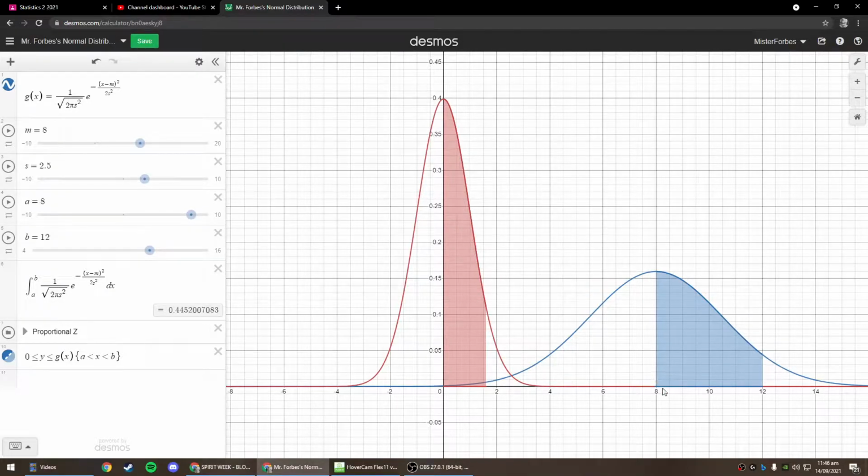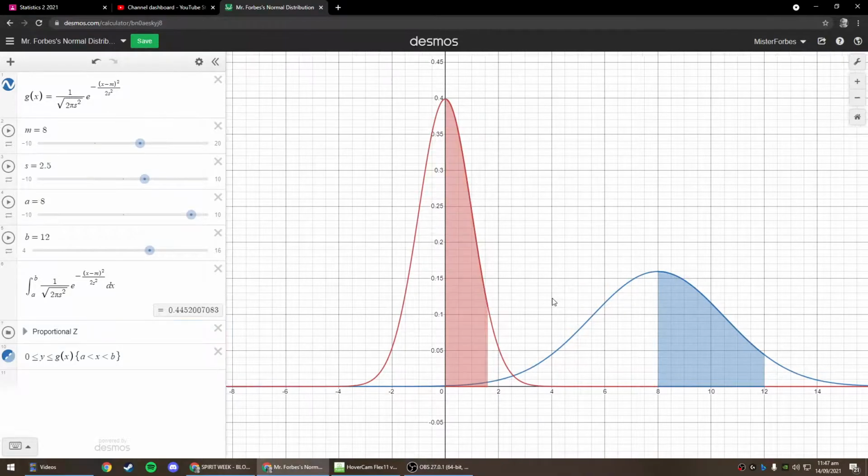Let's say that we had a mean of 8, which I've got over here, and a standard deviation of 2.5, and we wanted to know maybe the area of the amount of people that have a weight between 8 and 12, or whatever the context is. We then translate that 12, which is an x value, over to our z value, which I've found over here, which is something like, I don't know, 1.6-ish.